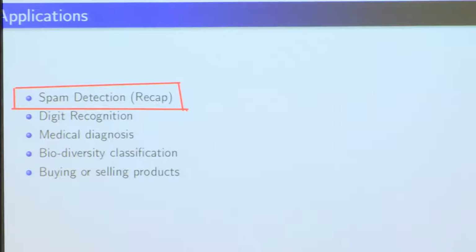And I had motivated spam detection to explain concepts such as, spam could be of multiple types, and that's why there's a motivation for going through several intermediate steps of classification.